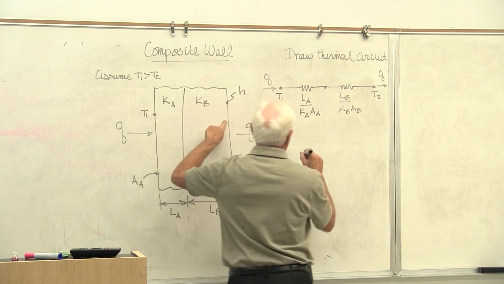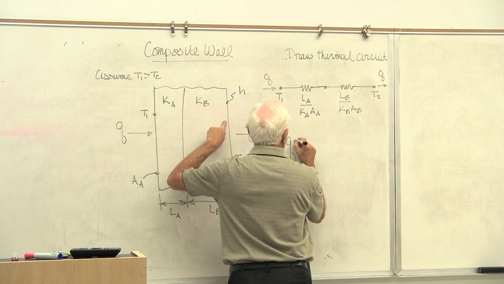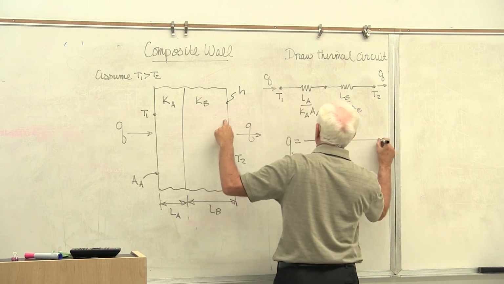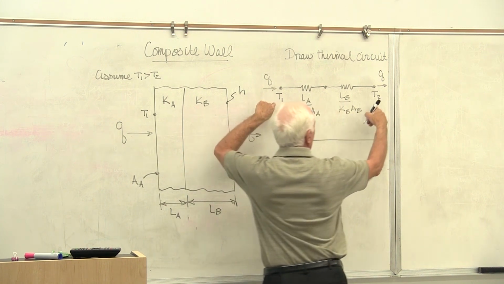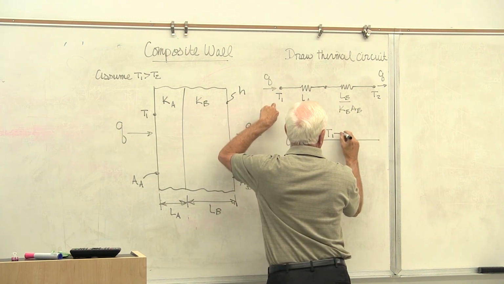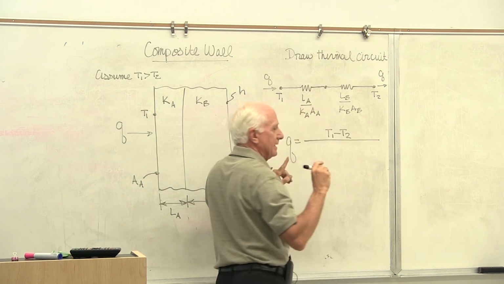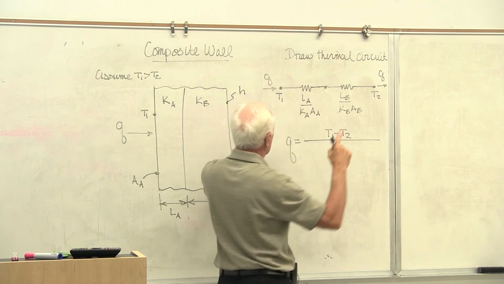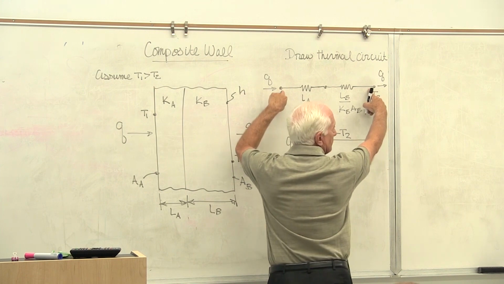So, if I want to find Q, I take the driving potential, the hot temperature T1 minus the cold temperature T2, divided by the sum of the resistances between my two fingertips.